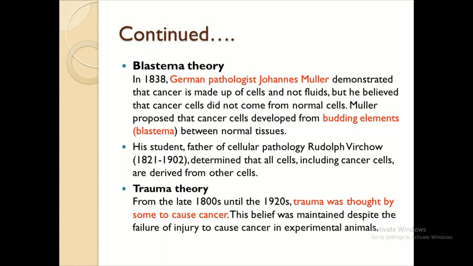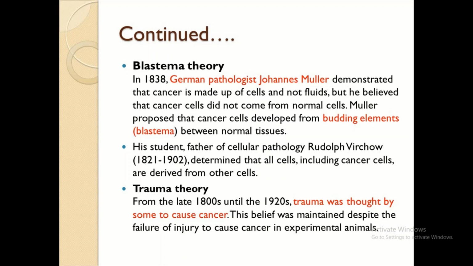Next comes the trauma theory. The trauma theory was disproved, but it was believed for some time. From the late 1800s until 1920, trauma was thought by some to be a cause of cancer.